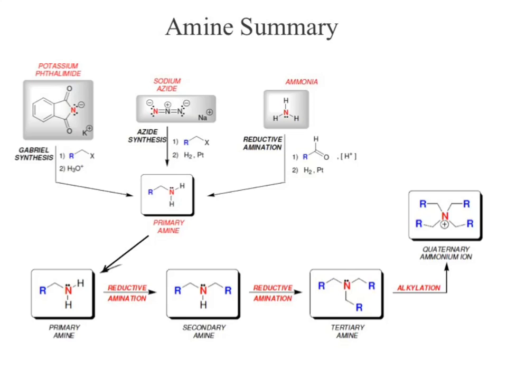Okay? So as our overall summary for your amines, okay, you've got all this fun chemistry. We talked about the azide very briefly. You've got the Gabriel synthesis. You've got the reductive amination. Okay. Once you've done this, you can then selectively work your way up to secondary or tertiary amines by doing selective or reductive amination again. Okay?